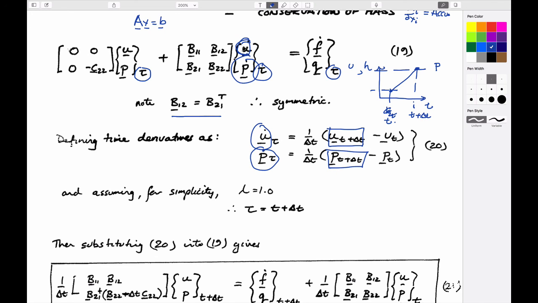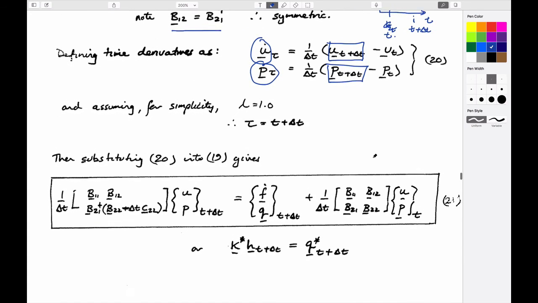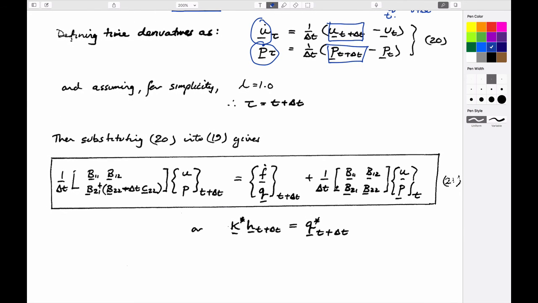And so once we've substituted into here, these are the terms that go over to the right-hand side because we know them, and the other ones stay. And if you go through that, we end up with a system of equations that looks kind of similar to the ones we've had before, where we just have this time-dependent term which exists here. And we know exactly what all of these matrices are.